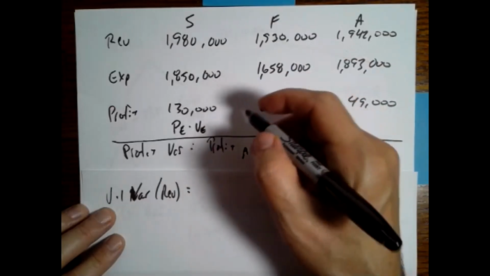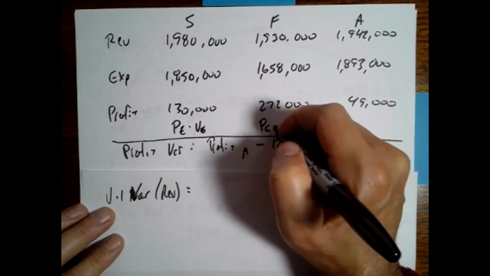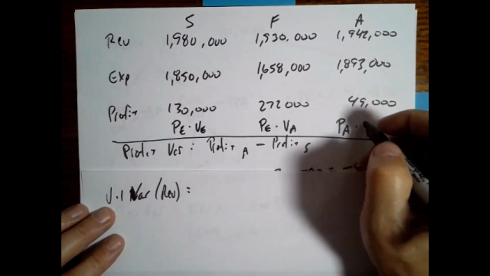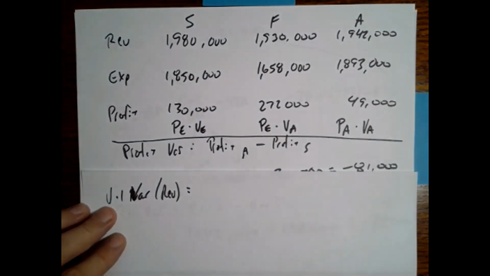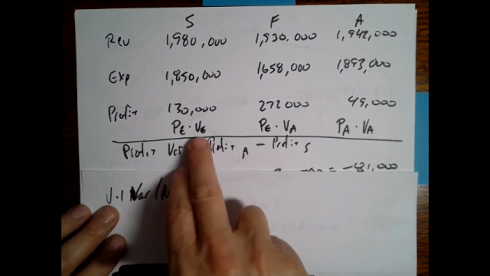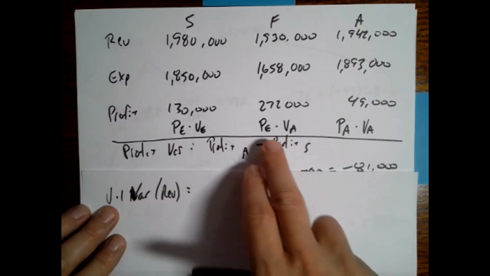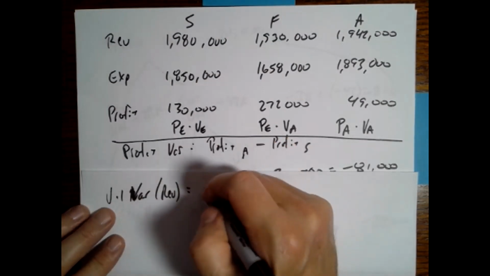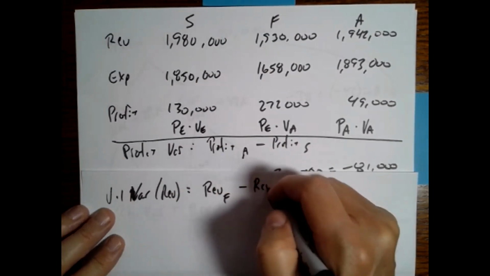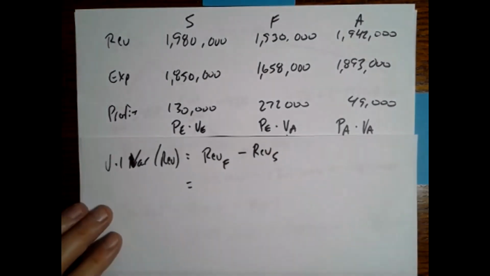Flex is price expected times volume actual, and actual, of course, is price actual times volume actual. So the two columns that allow us to vary volume and hold price constant are static and flex. So we're going to take our revenue flex minus our revenue static to get our volume variance for revenue.